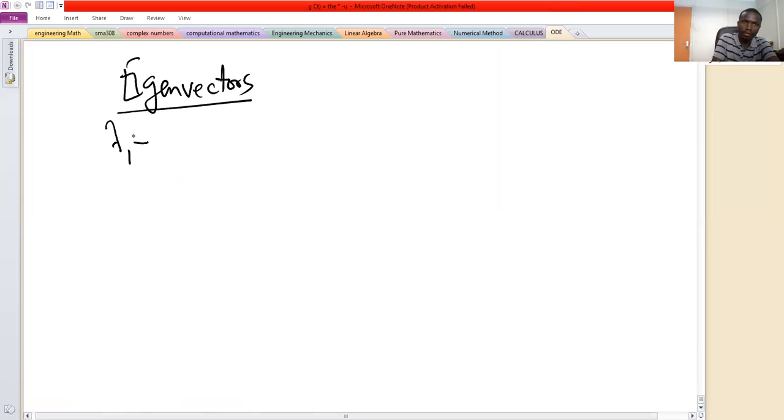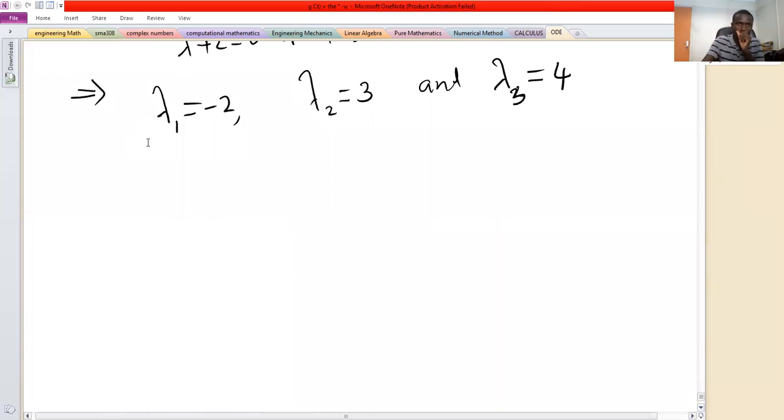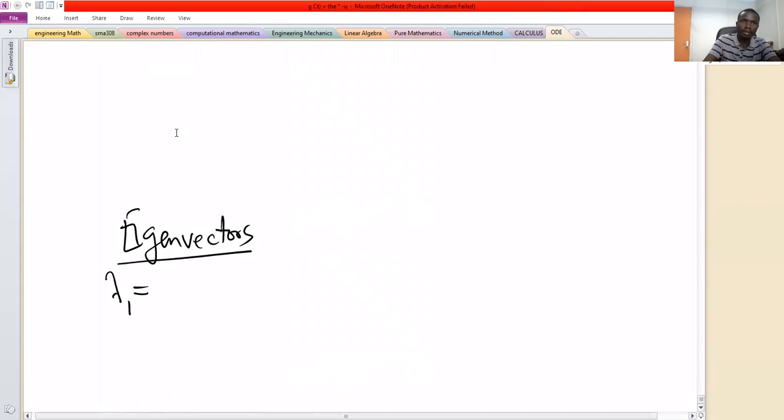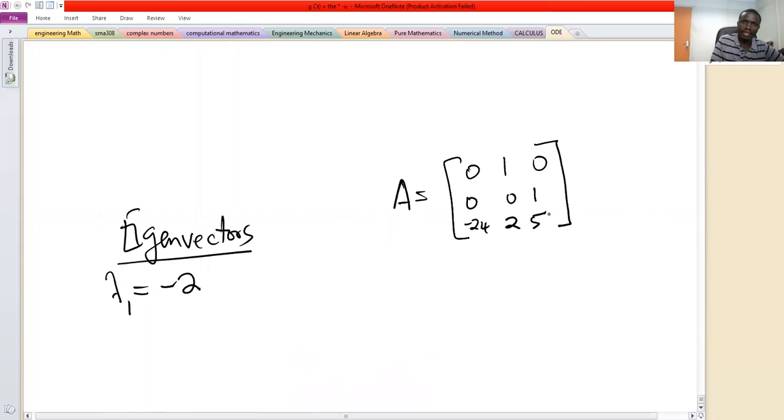So for lambda 1, which is negative 2, we have to solve, because this now is a 3 by 3 matrix, our A in this case, which is 0, 1, 0, 0, 0, 1, minus 24, 2, 5, is a 3 by 3 matrix. So it means our eigenvectors should be in 3D. So we'll have x1, x2, x3.